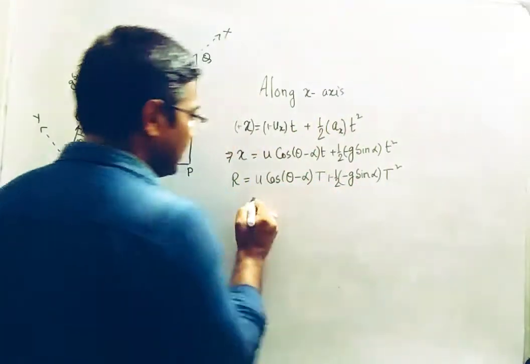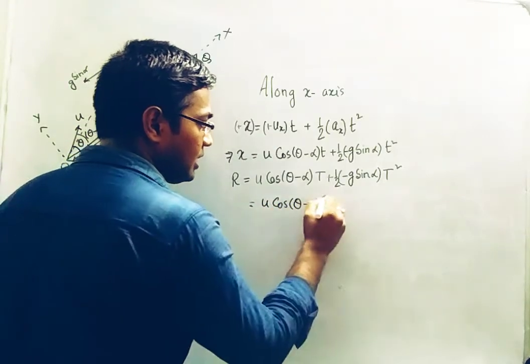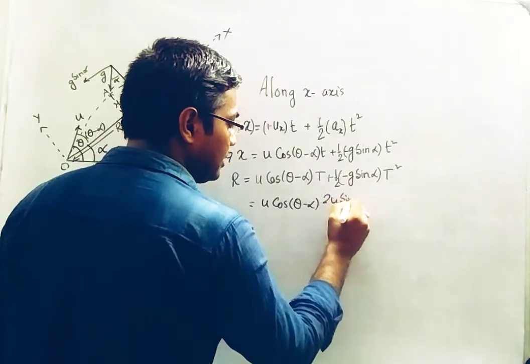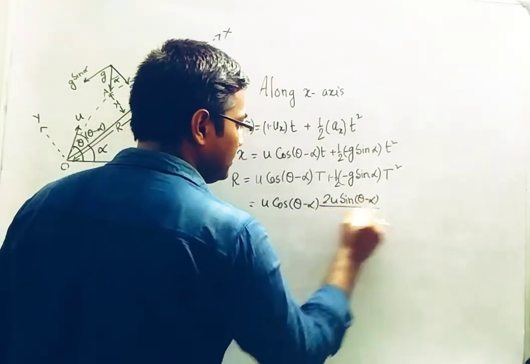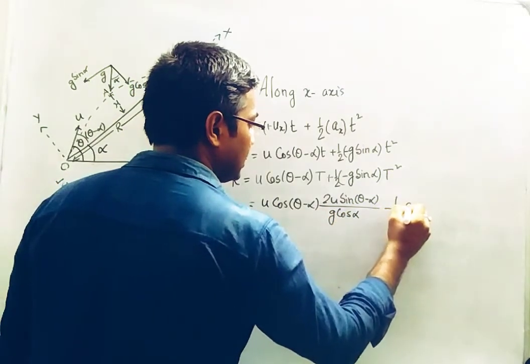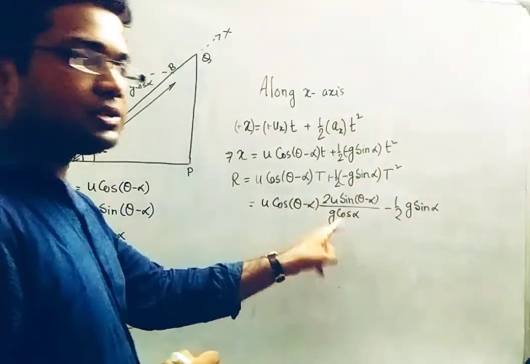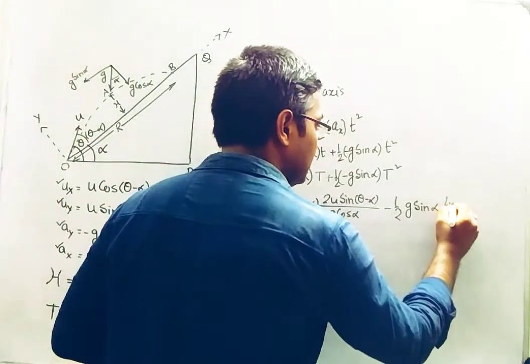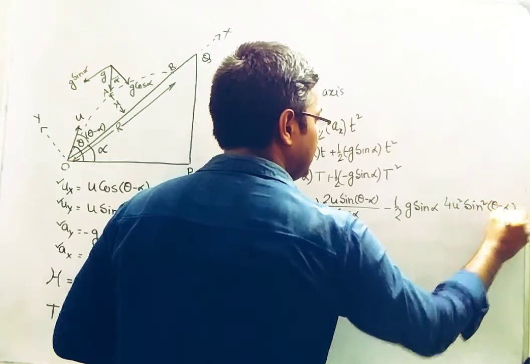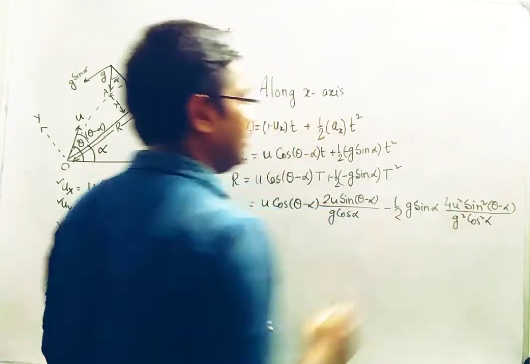So if I replace this value of capital T, it will be u cos theta minus alpha times the total time of flight 2u sin theta minus alpha divided by g cos alpha, minus 1 by 2 into g sin alpha into capital T square, that means 4 u square sin square theta minus alpha divided by g square cos square alpha.